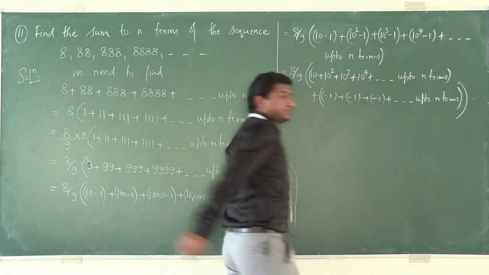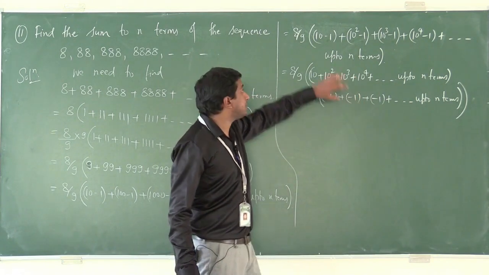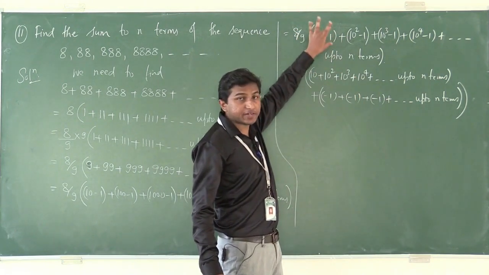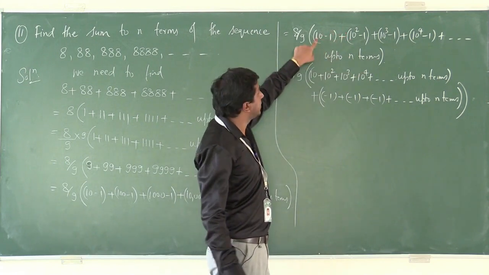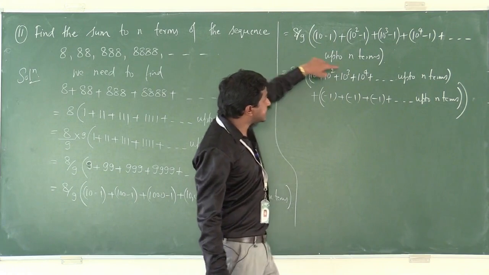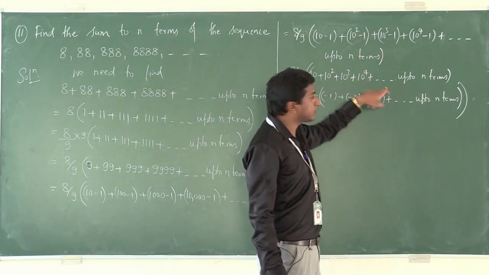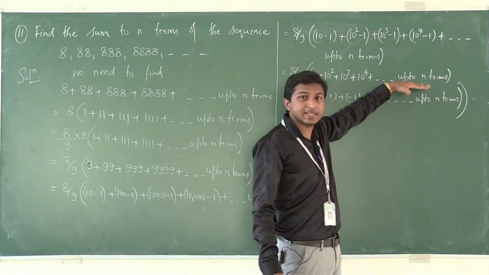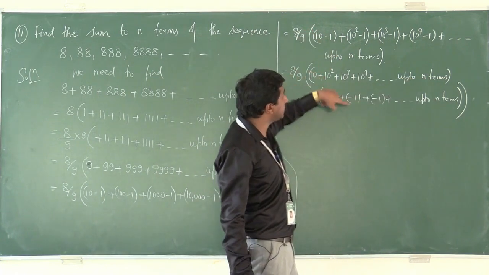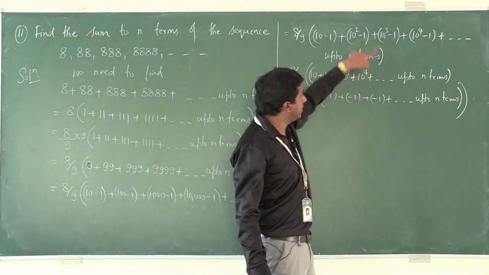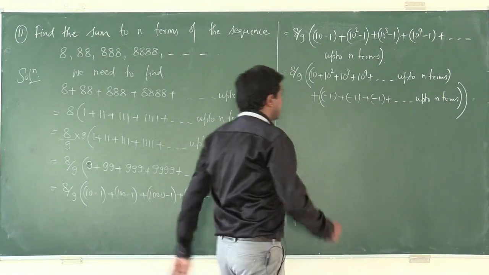So how did we get this step? I have just separated powers of 10 and minus 1. 10 plus 10 square plus 10 cube plus 10 power 4 plus up to n terms, plus minus 1 plus minus 1 plus minus 1 up to n terms.